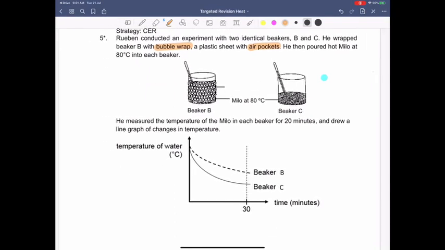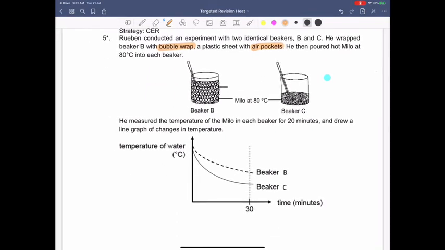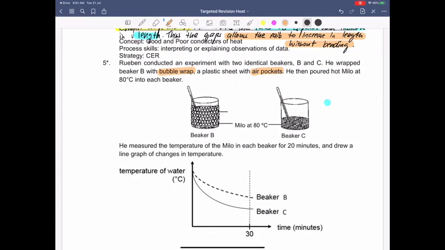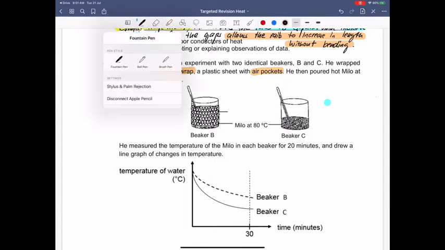He measured the temperature of the Milo in each beaker for 20 minutes and drew a line graph of changes in temperature. So in this question, they're talking about good conductors and poor conductors of heat. So what is the hint in the question? Air pockets. Based on your prior knowledge, you should know that air is a poor conductor of heat.